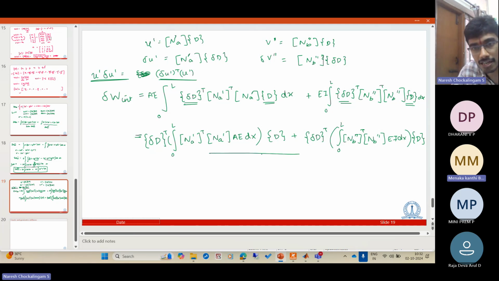So this is fine. We got an expression for the internal linear virtual work done. So let us put these into that expression we have and see what we get. So this D is going to be there.